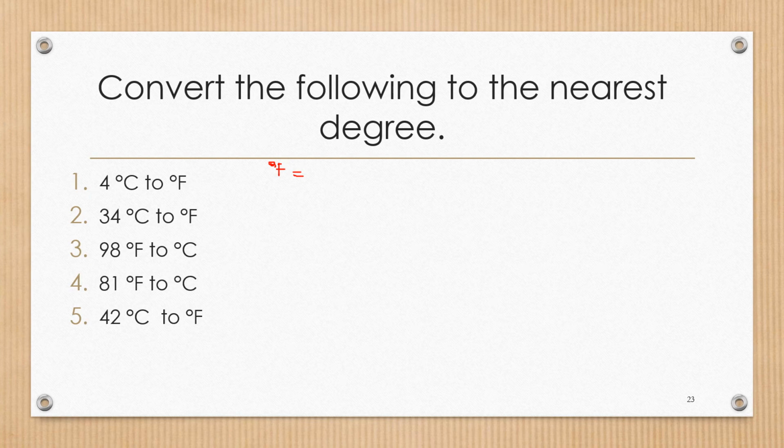Our formula: Fahrenheit equals 1.8 times 4 degrees Celsius plus 32.